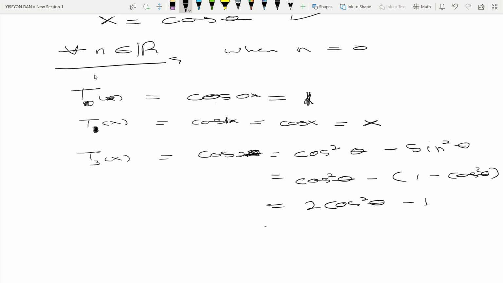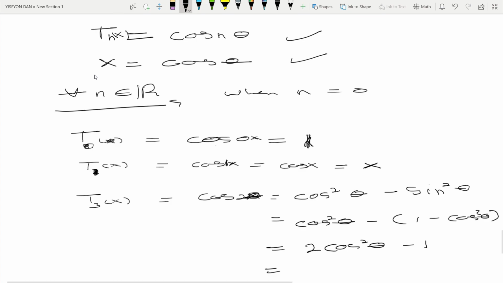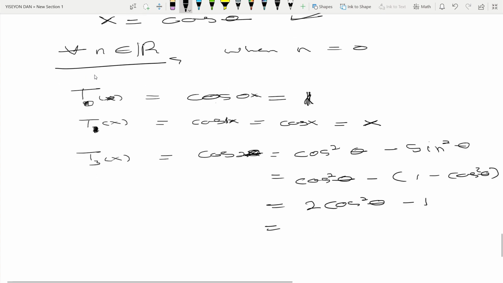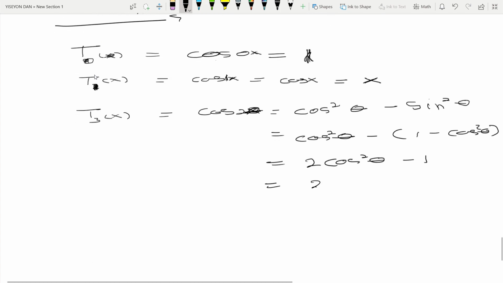We already know the value of cos θ is x, so this is going to be 2x squared minus 1. So that's T2 of x.